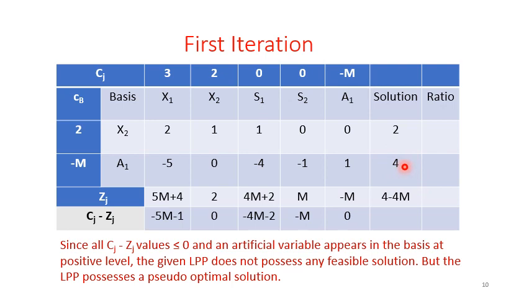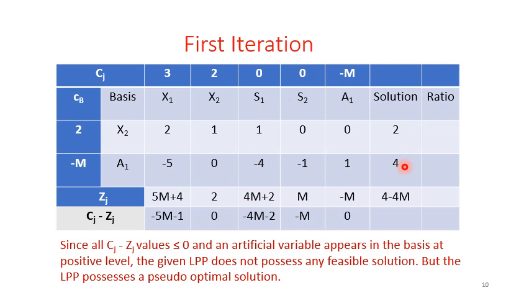The LPP possesses a pseudo optimal solution, which means the constraints are satisfied, but the objective function is not satisfied. Constraints are satisfied, but the objective function, no. So this is the solution to this problem.